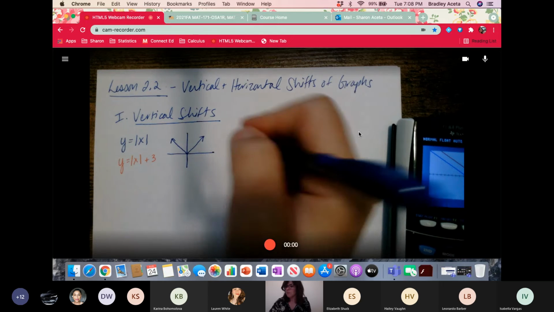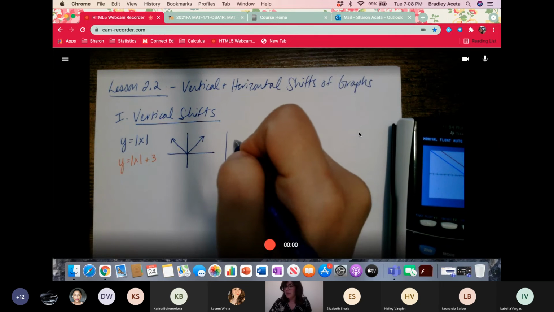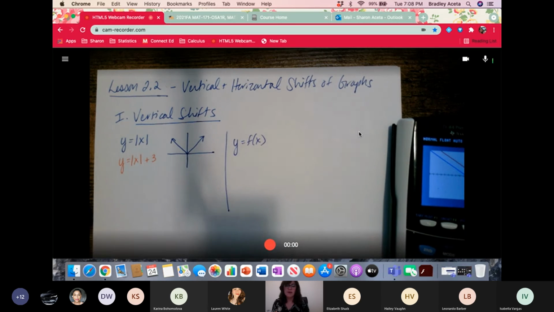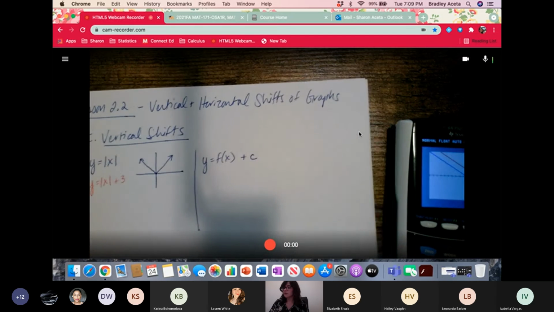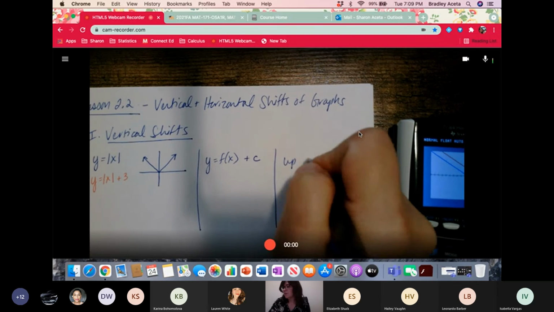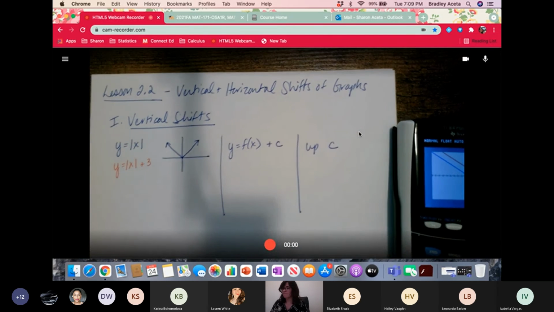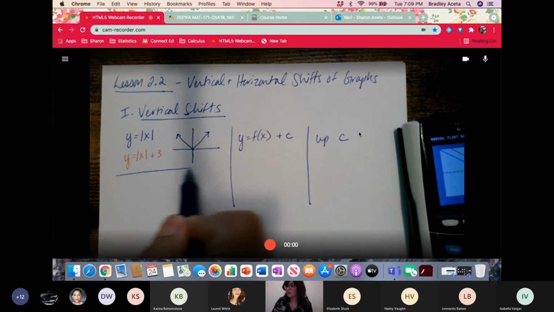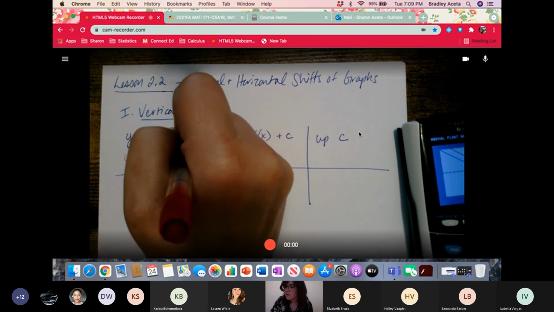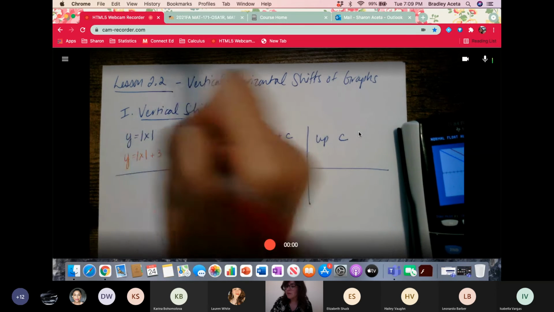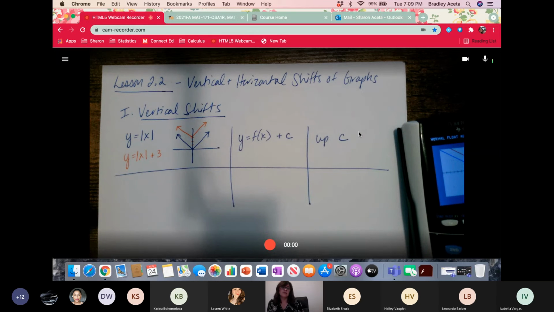So if you take any function, f of x, any of those functions that we just identified in the last lesson, and you add, we'll say, c units to it, you're going to go up c. So I went 1, 2, 3. I literally shifted my y equals absolute x up.